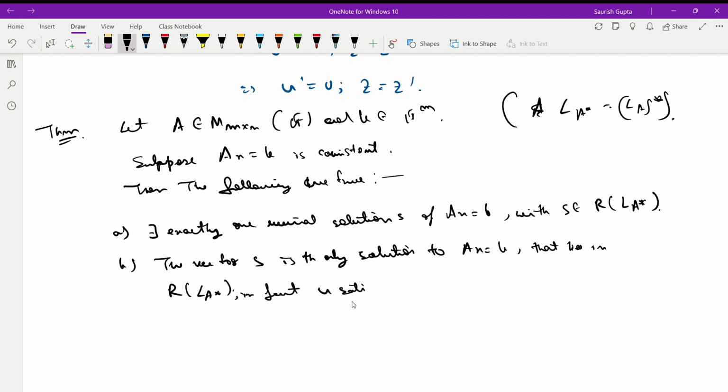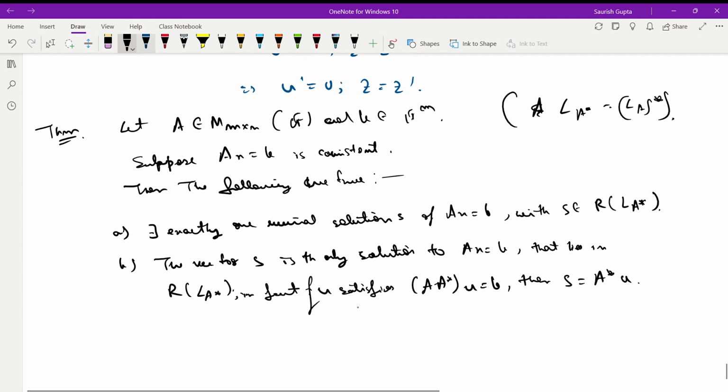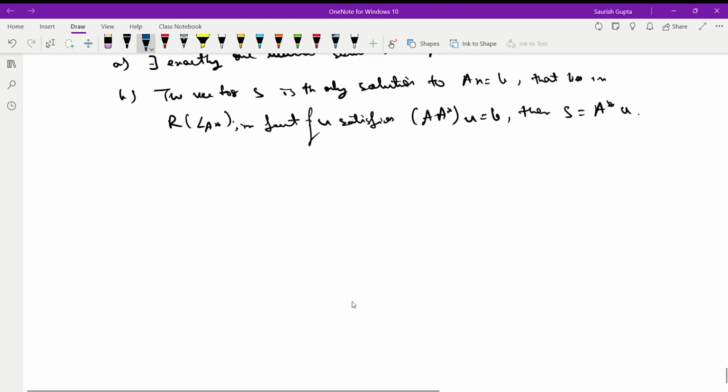In fact, if U satisfies A star of U is equal to B, then S is equal to A star U. Clear? So this is what we want to prove.